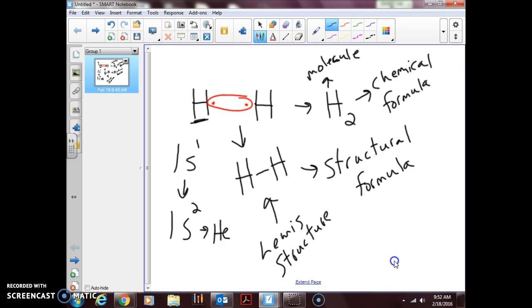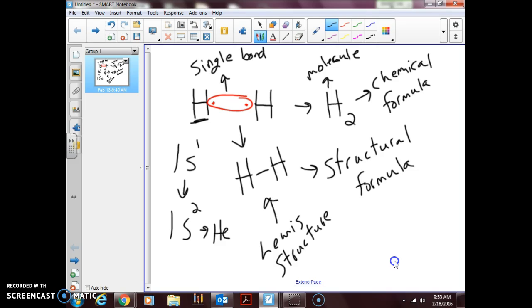And so we call this a single bond. I'm going to draw, let's see, I'm running out of space. This is a single bond. It's a single bond, meaning that a single pair of electrons is being shared.